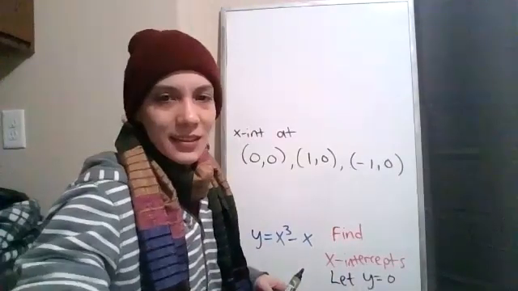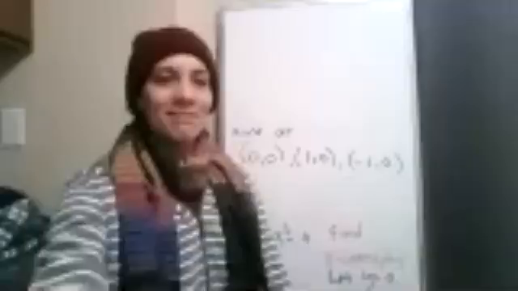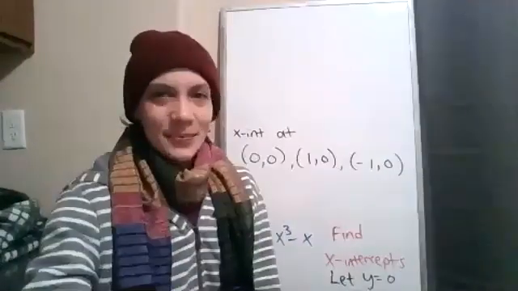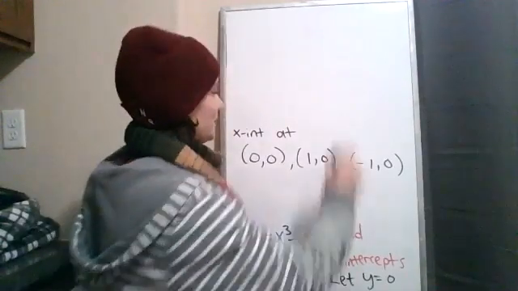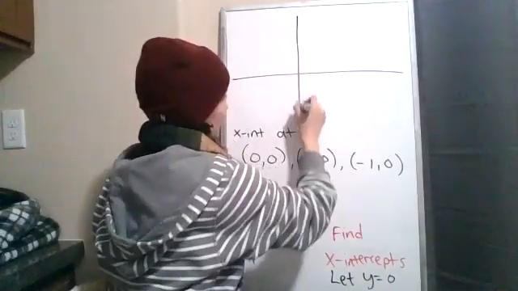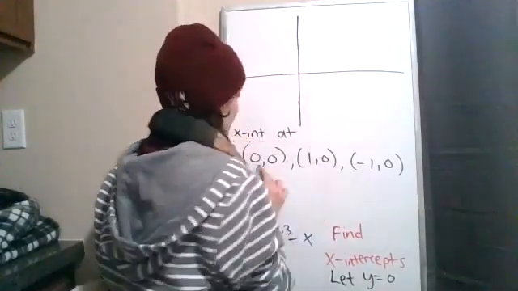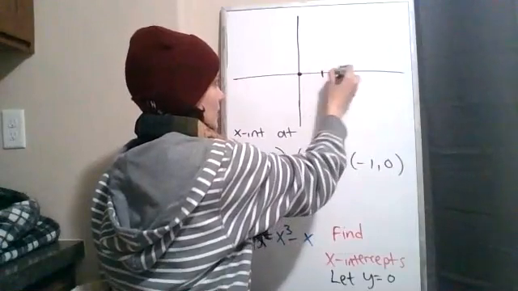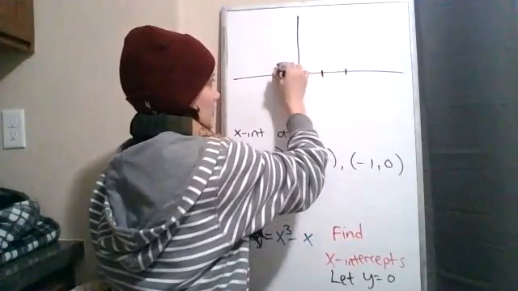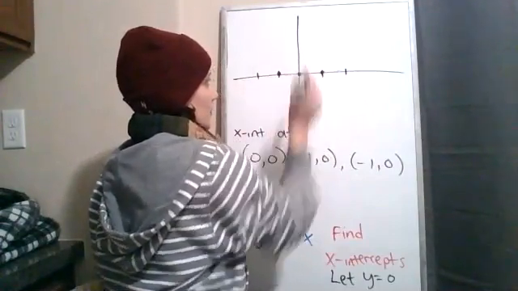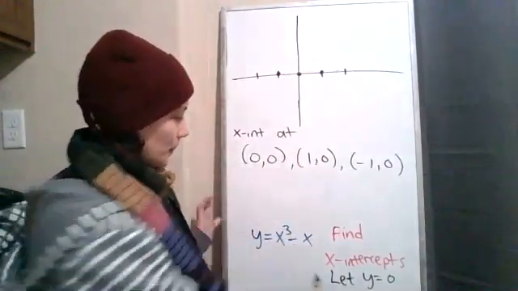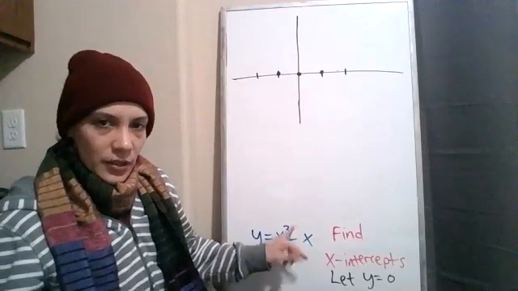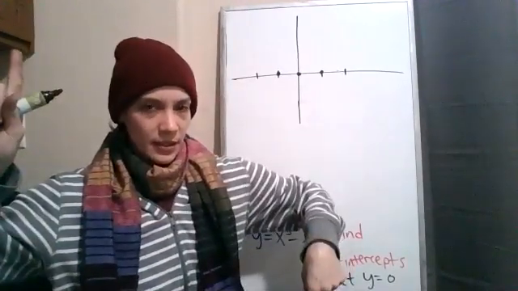Let's sketch. This highest power is odd, so it's going to do one of those odd kind of tails this way or this way.